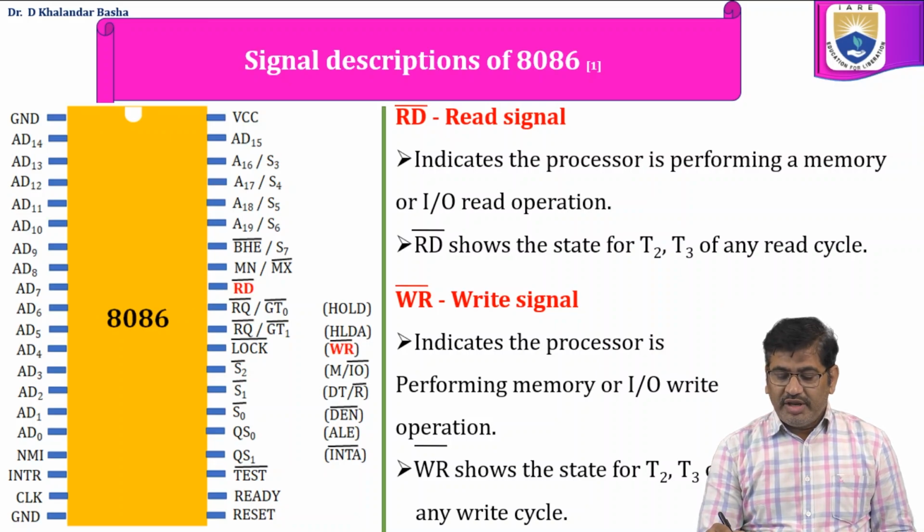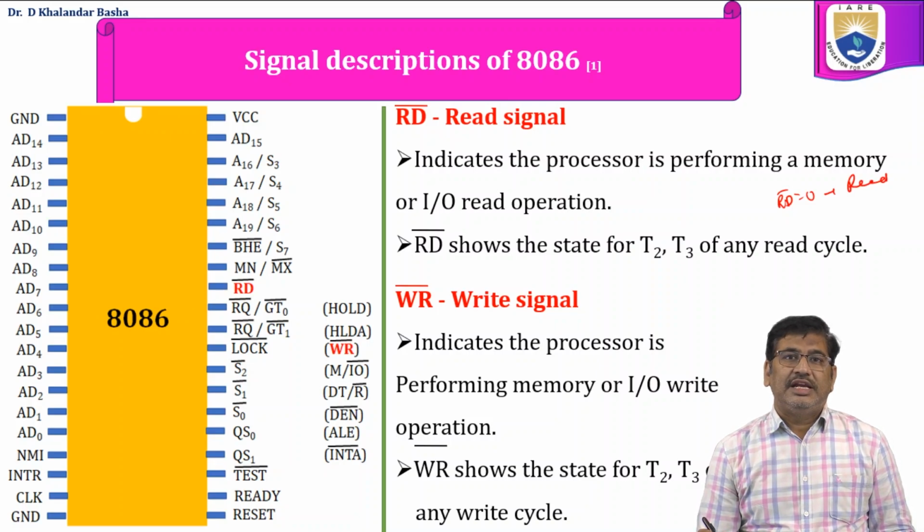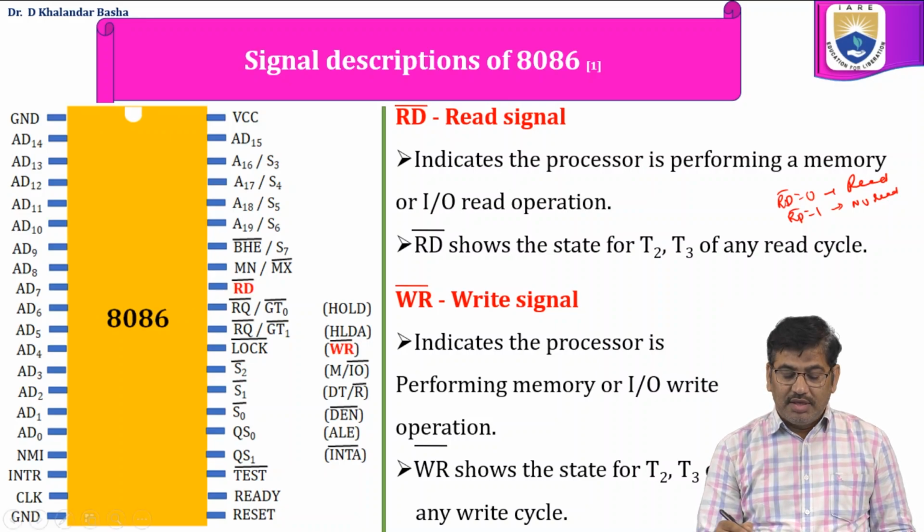Whenever RD bar is equal to 0, it indicates the processor is reading data, either from memory or an IO device. When RD bar is equal to 1, it indicates the processor is neither reading the content from memory nor from the IO device.